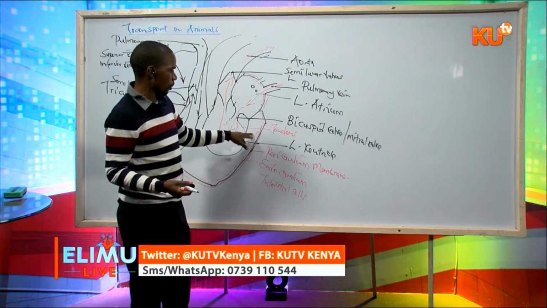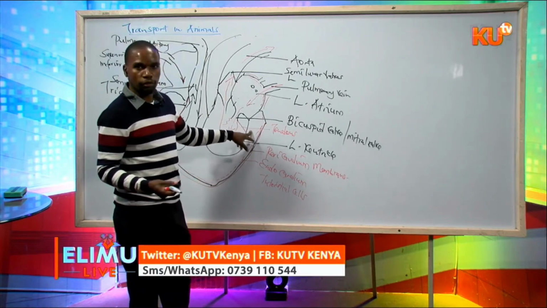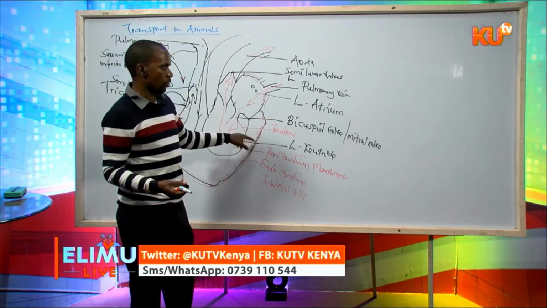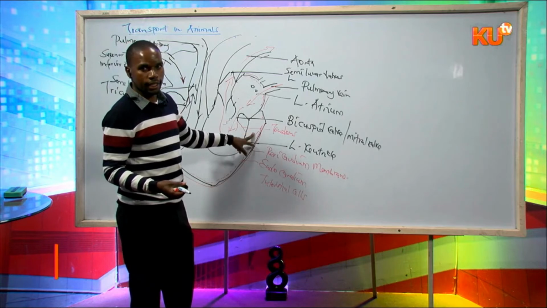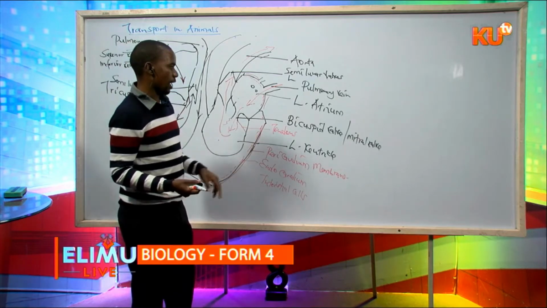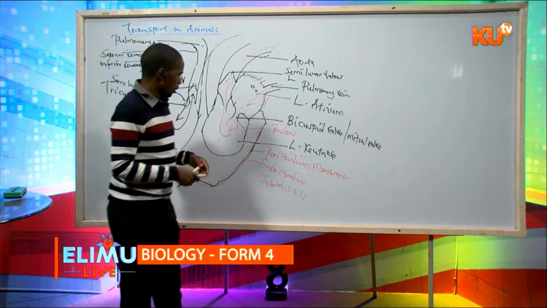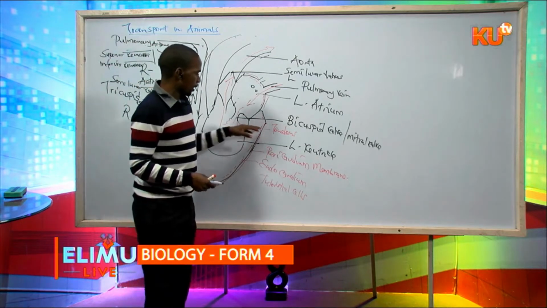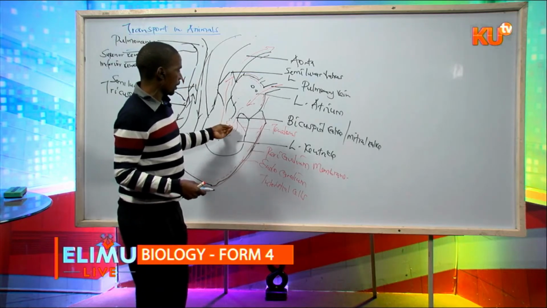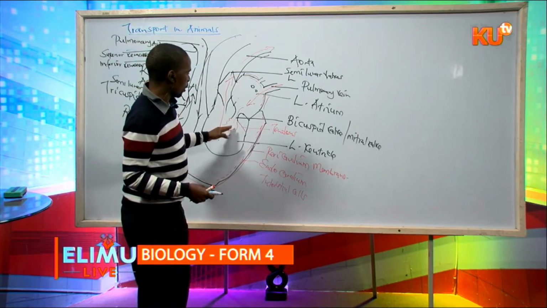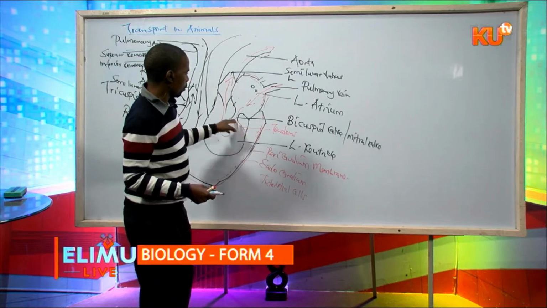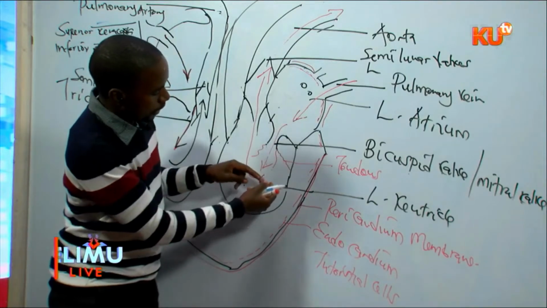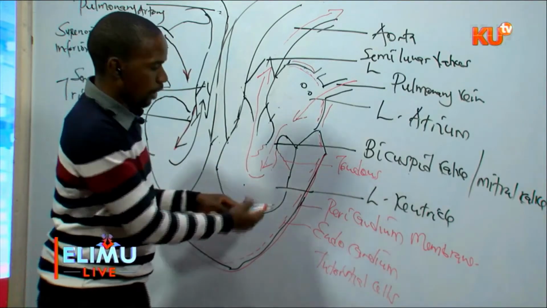And those particular muscles are what we refer to as myocardium. So the heart muscles are known as the myocardium or cardiac muscles. Cardiac meaning the heart. So we are at the tendons. The tendons are ensuring that there is no flapping or overturning of the valves. However, what is ensuring that these tendons are well attached to the muscles of the heart?